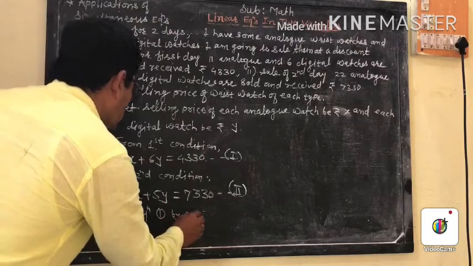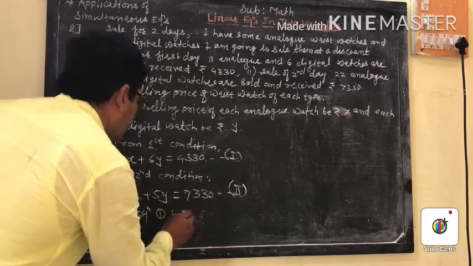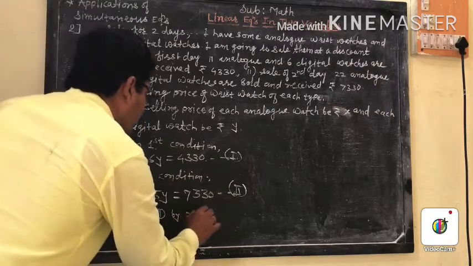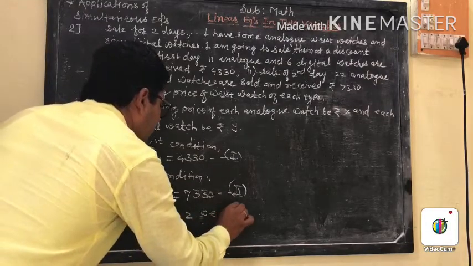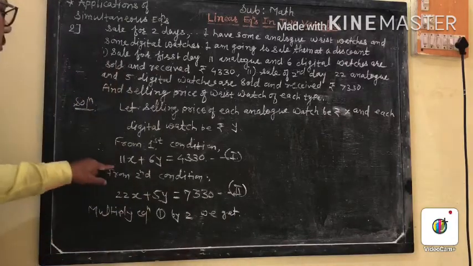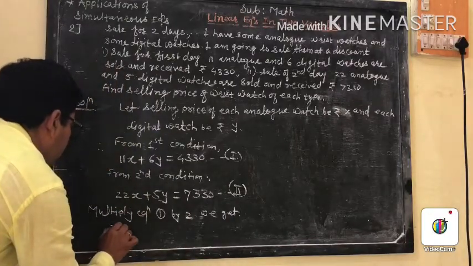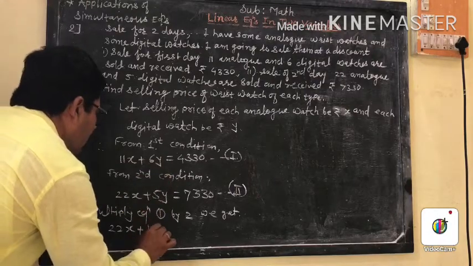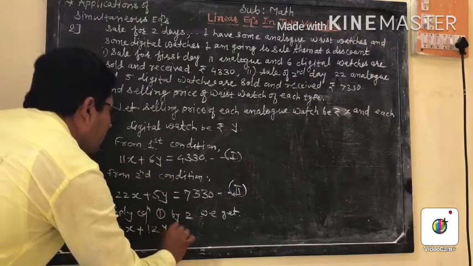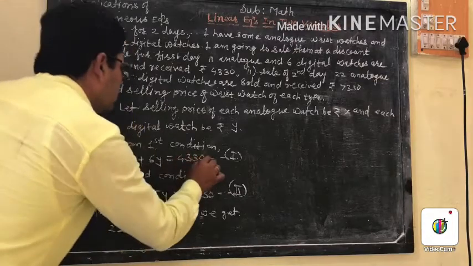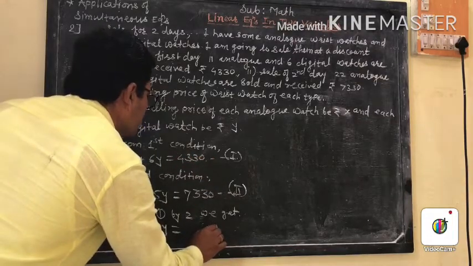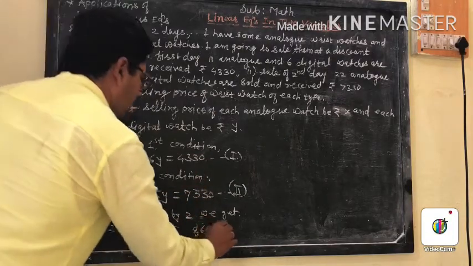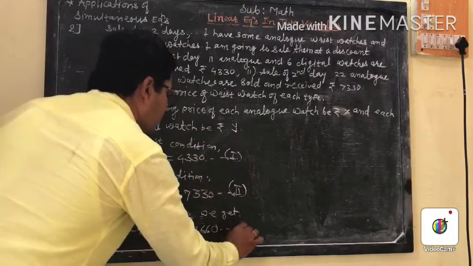Multiplying equation 1 by 2, we get a new equation: 22x plus 2 into 6 is 12y is equal to, if you multiply 2 by 4330, you get 8660. This is the third equation here.